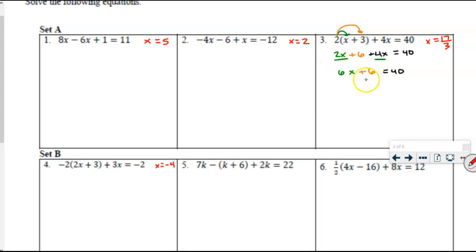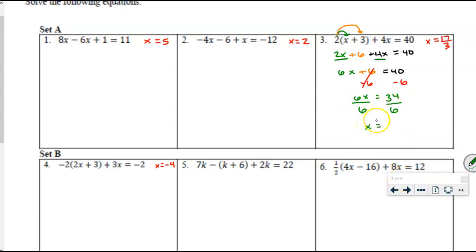I'm going to undo adding 6 by subtracting 6. Balance it, same thing on the other side. And then I end up with 6x, which is equal to 40 minus 6 is 34. We now divide each side by 6, and 34 divided by 6 simplifies to 17/3.